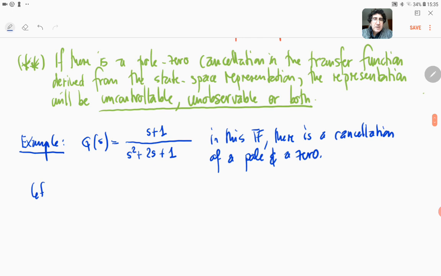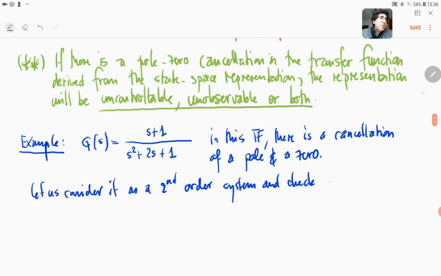Let us consider it as a second order system, and check observability and controllability.